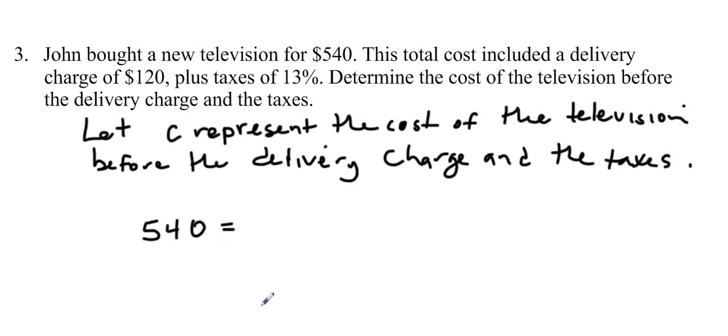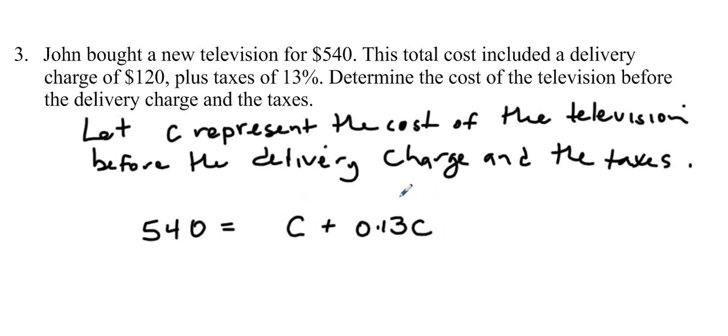But what we did was we took the cost of the television before those things were added on, and we multiplied C by 0.13. So this is the cost of the television, whatever it was.